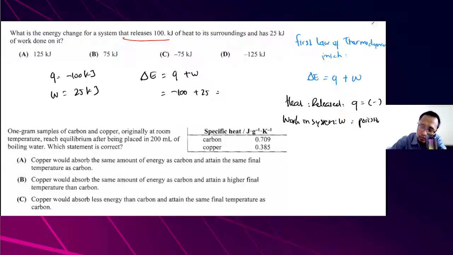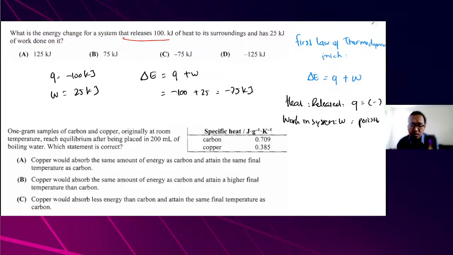So the answer will be minus 75 kilojoules. So the system lost more energy as heat than it gains as work, so the total energy change is negative.